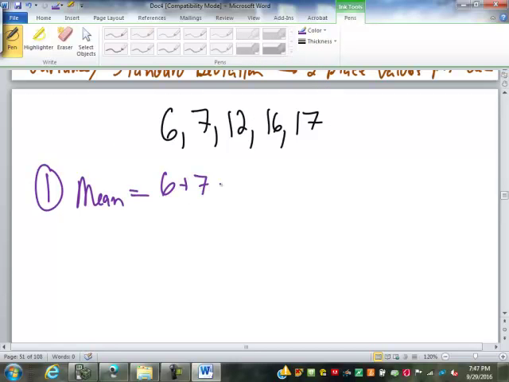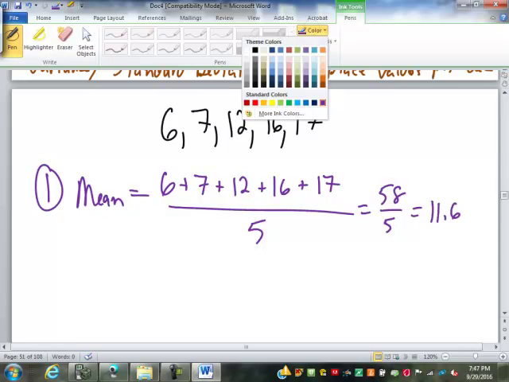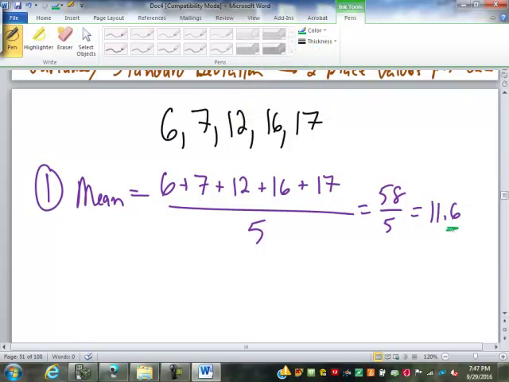So 6 plus 7 is 13, plus 12 is 25, plus 16 is 41, plus 17 is 58, over 5, which is going to give us 11.6. Is that correct? One decimal place past the data, 11.6.